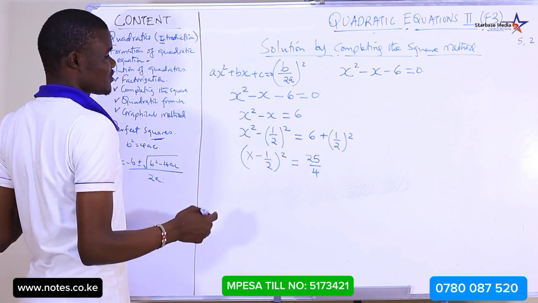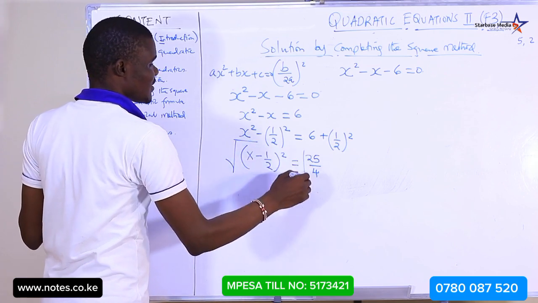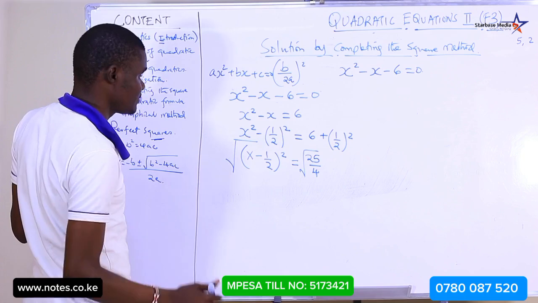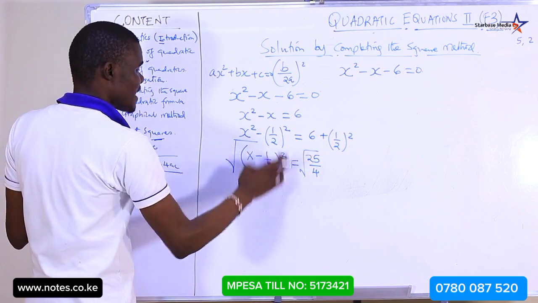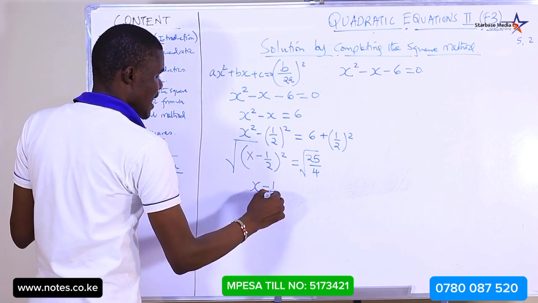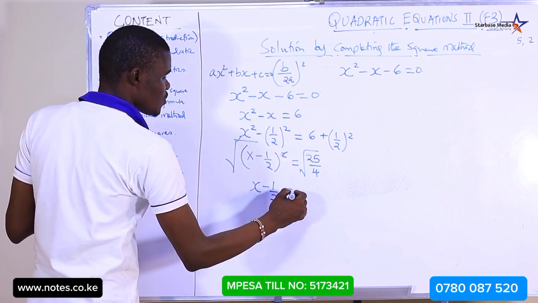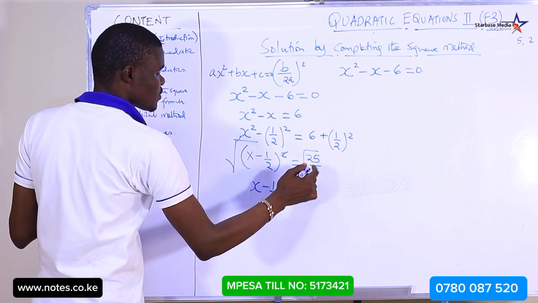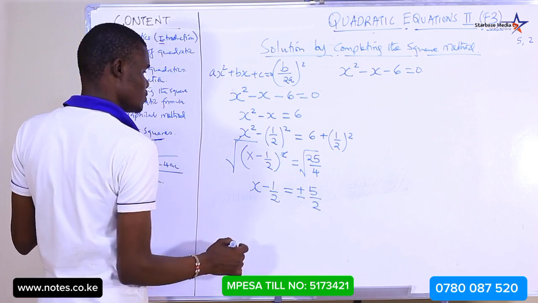Very simple. So I get the square root on both sides. I don't know why people fail, and the math is this simple. So you'll get the square root on both sides. Then you're going to find x minus a half, the square root of this will cancel this square, will be equal to plus or minus. What is the square root of this? It is 5 over 2.